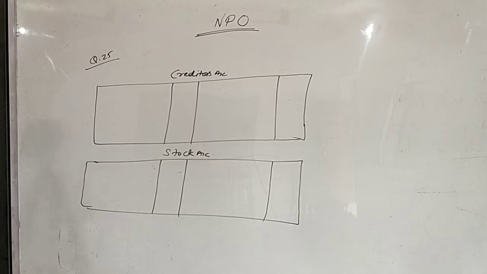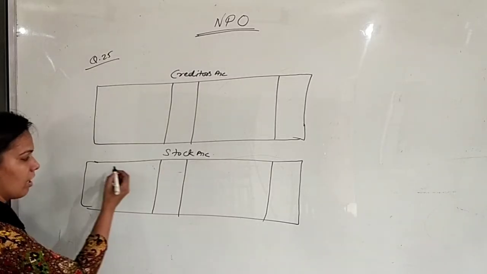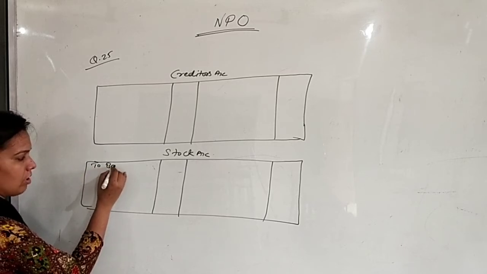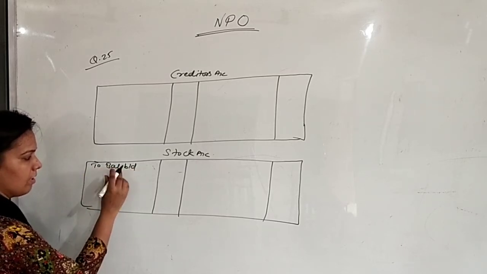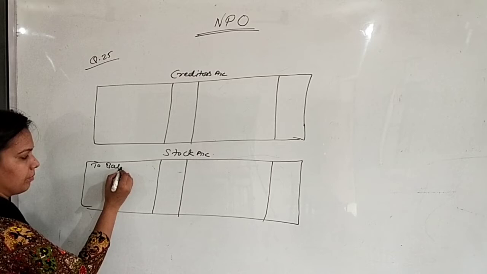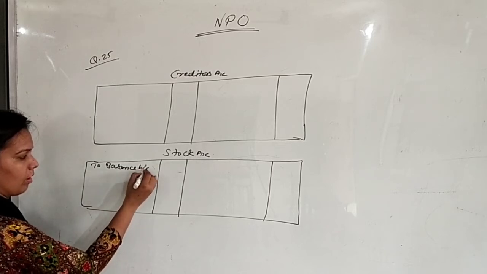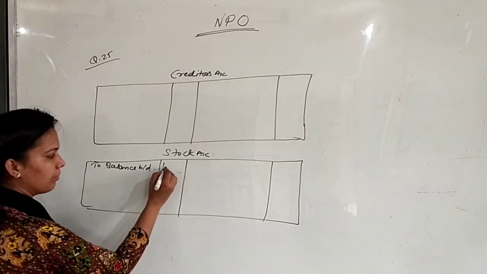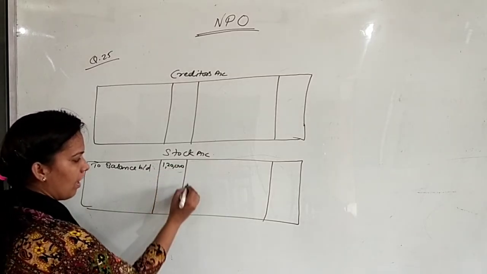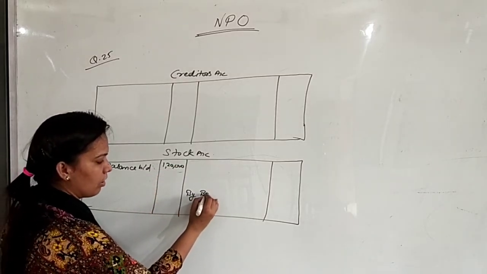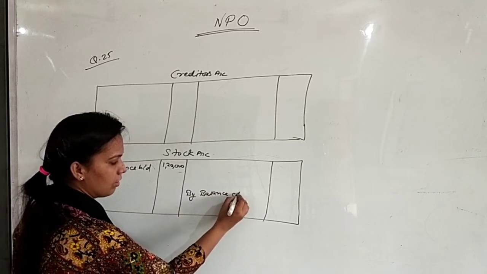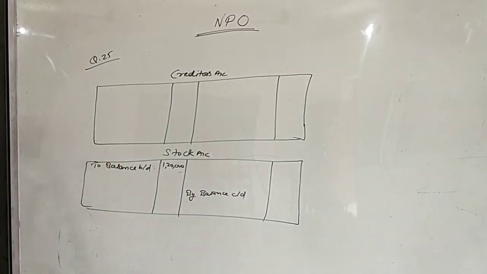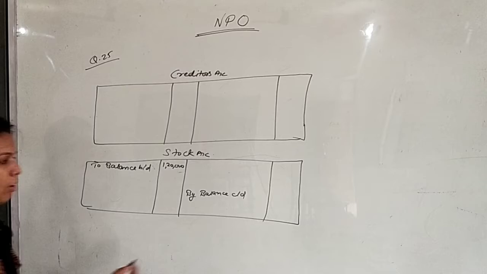So additional information number 1 is here, opening balance of stock of sports material. Stocks are assets, so we will write on the debit side, that is to balance BD. Opening balance of stock is 1,20,000 and closing balance of stock is 1,50,000.